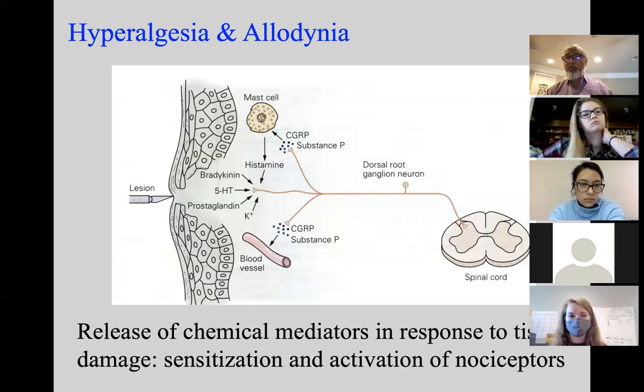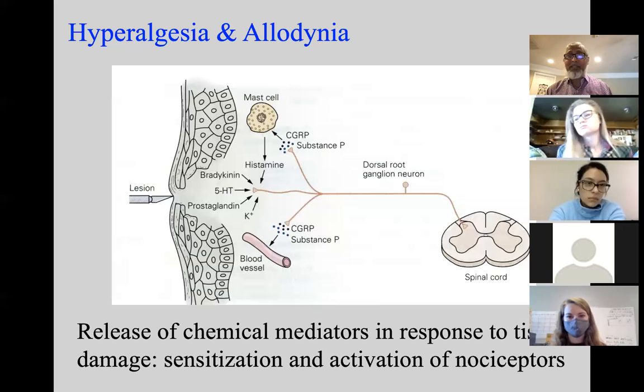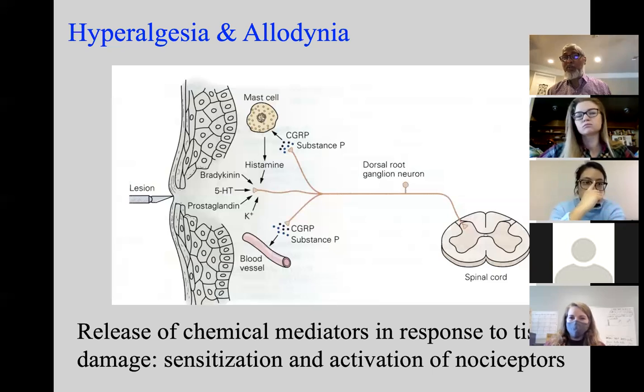Your skin is already hypersensitized. So a stimulus which is normally painless is now giving you a painful stimulus. That is called allodynia. Allodynia is when a non-noxious stimulus produces pain because of some secondary reason, okay?